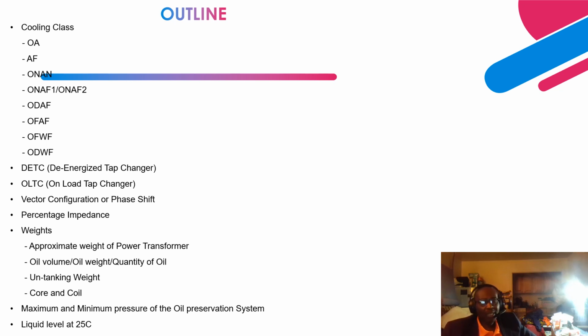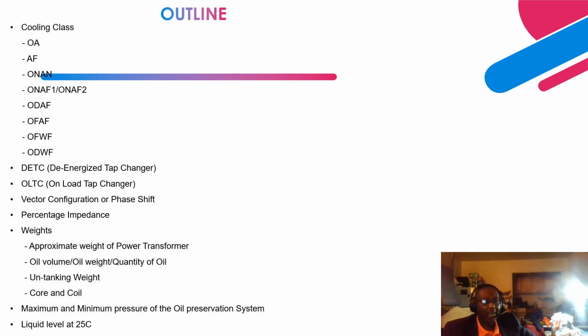So OD means we are utilizing a pump that is located outside the transformer. Usually you see the pumps located right below the radiator, pumping oil into the active component. So the oil is forced through all the ducts inside the winding to remove the heat as quickly as possible.